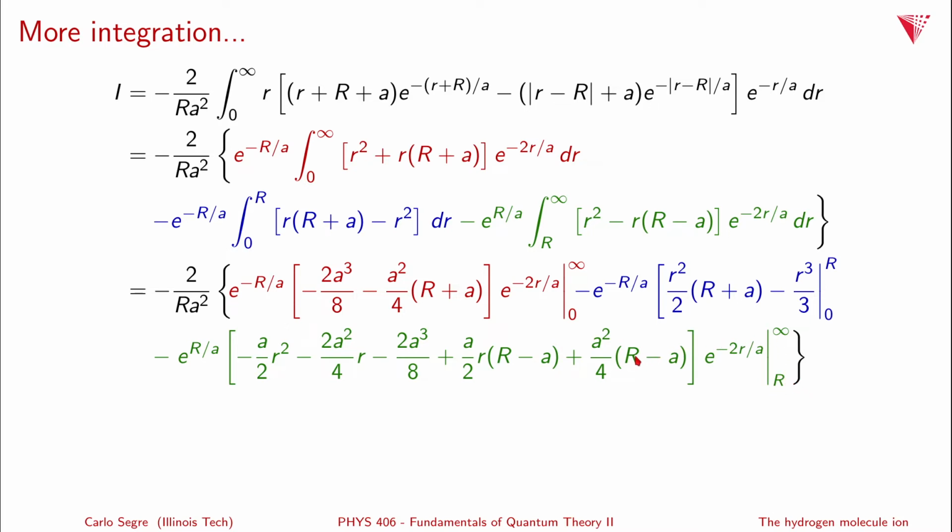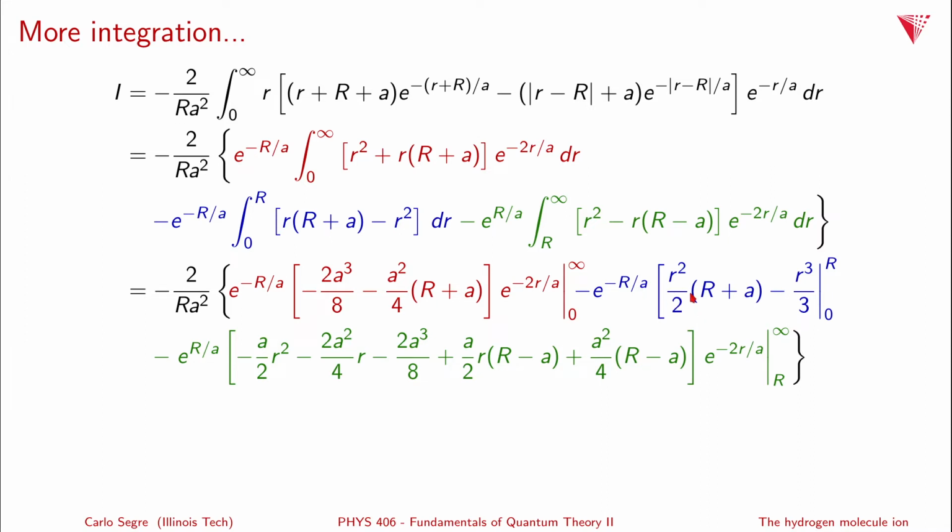So looking at the limits here, when r goes to infinity, this term goes to 0 and cancels everything out. And at 0, this evaluates to 1. And so we're left with these terms here.